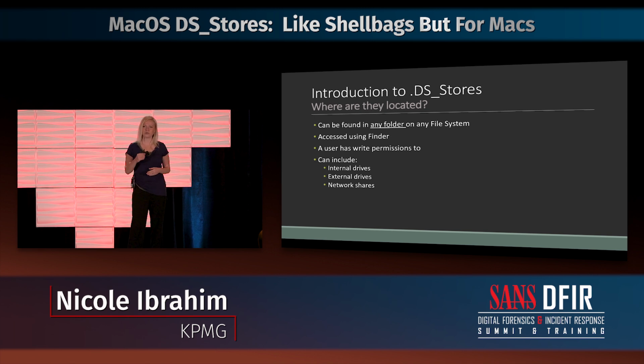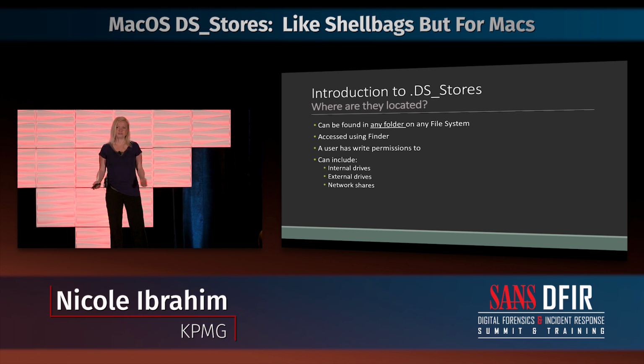So Mac will store those files, so that way if the user goes back to that folder later, they can have their customized view settings displayed to them. So we know that if we find a DS_Store on a Windows system, that was obviously from a Mac, because Windows doesn't create those files. And the same goes for attached USB drives. If you plug in a USB drive and you start accessing folders and you have write permissions using Finder, those will get created as well.